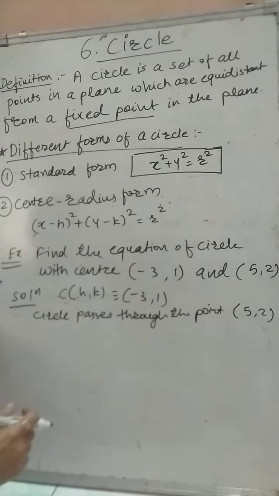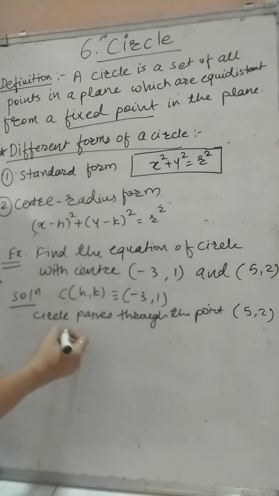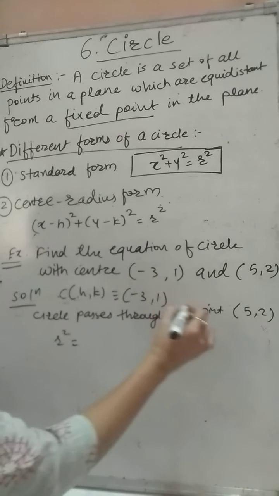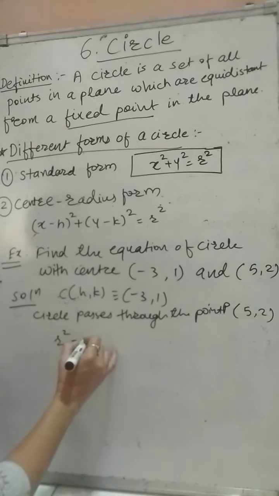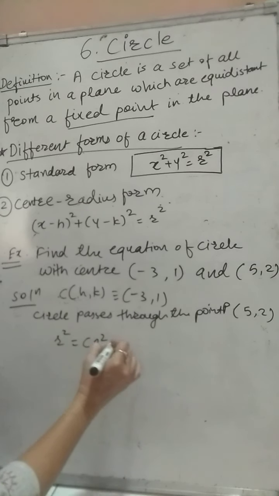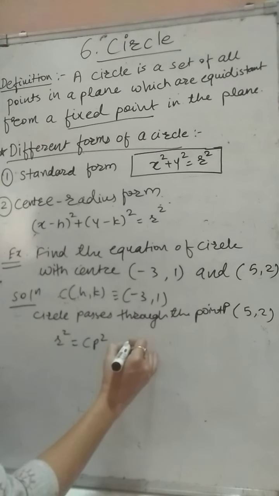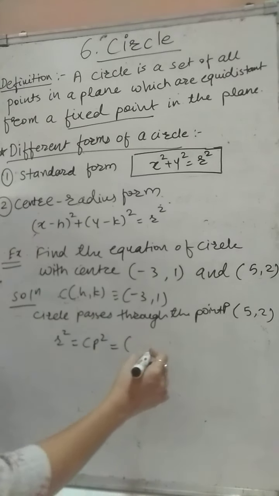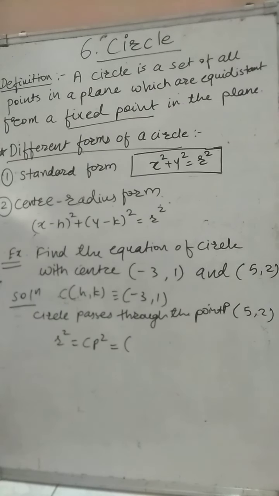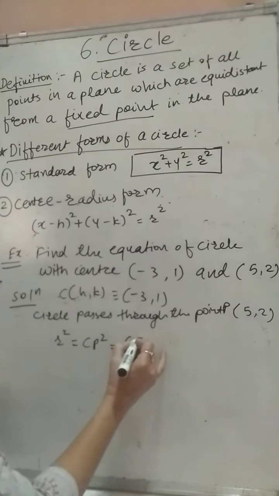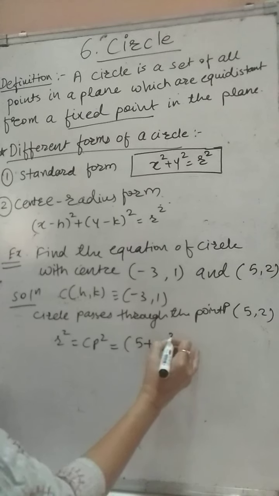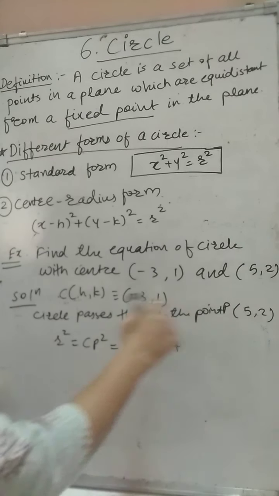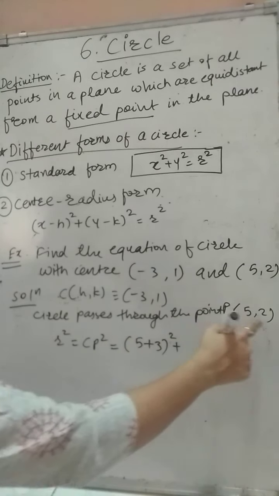So here we have to find the radius first. How to find the radius? By using the distance formula. r square is equal to, this is the point P we consider here, so CP square. Using the distance formula, what do we get? (5 plus 3) whole square plus (2 minus 1) whole square, where 5 plus 3 means x2 minus x1 and y2 minus y1.